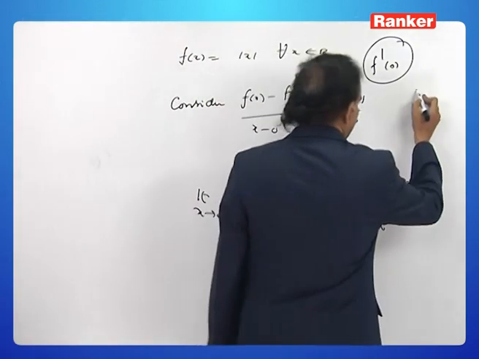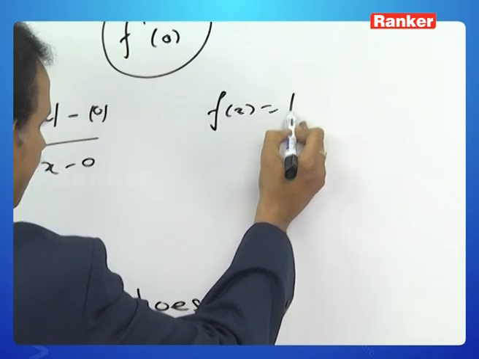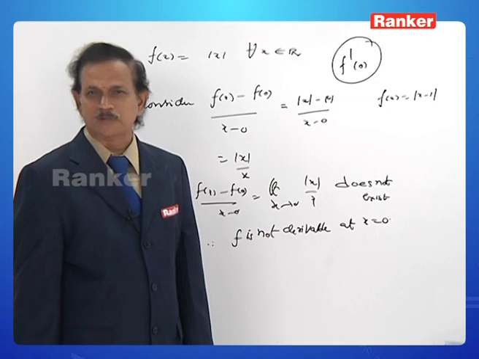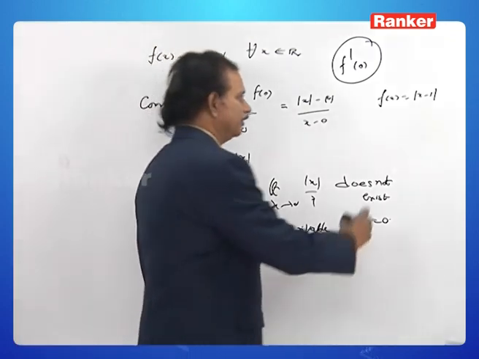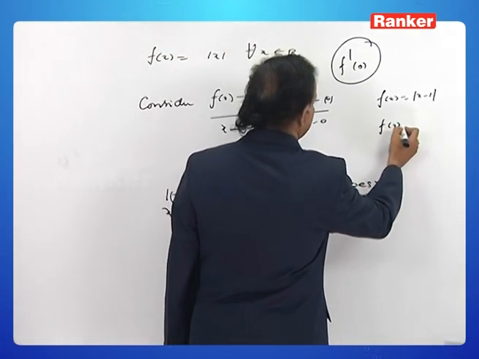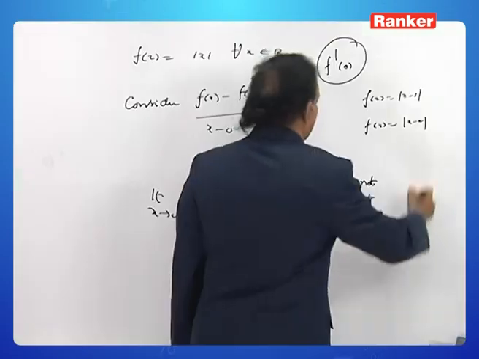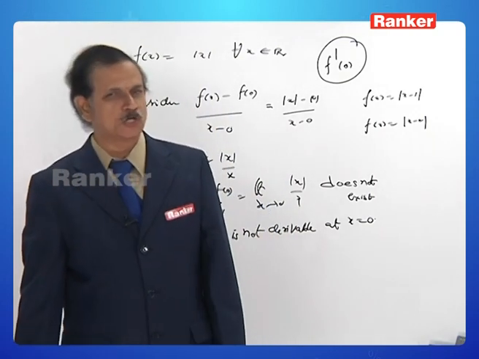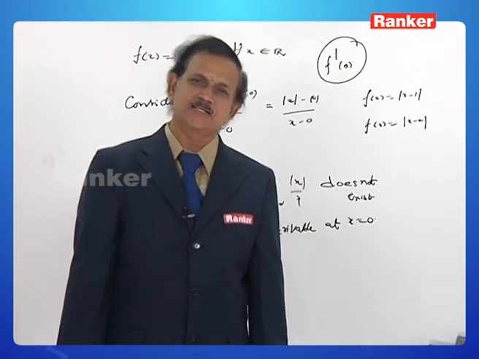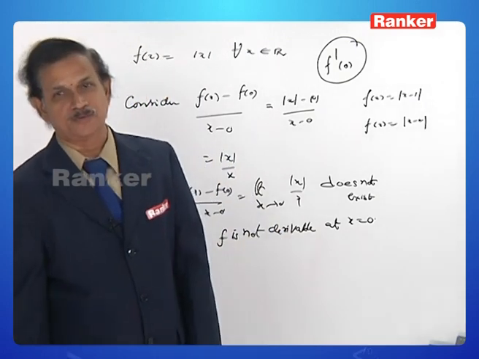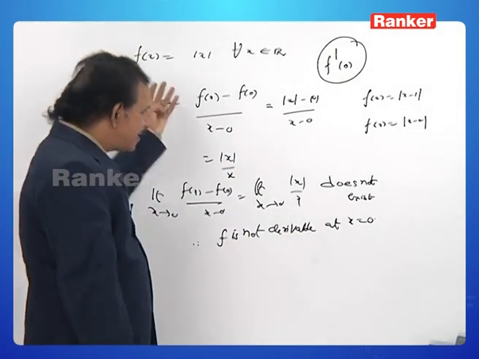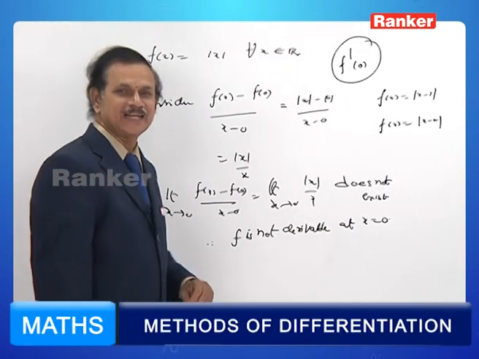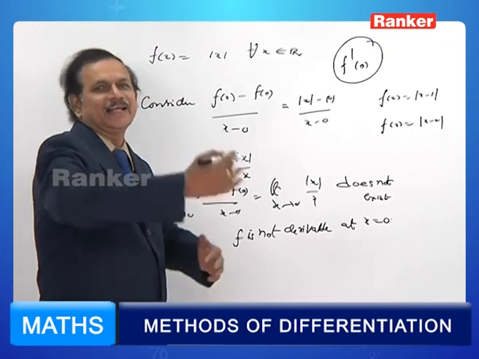One more thing, f(x) = mod (x − 1) is continuous at x = 1, but not derivable at x = 1. f(x) = mod (x − 2) is continuous at x = 2, but not derivable at x = 2. f(x) = mod (x − a) is continuous at x = a, but not derivable at x = a. You can keep reusing the result. Yes, this one result can be applied recurringly.